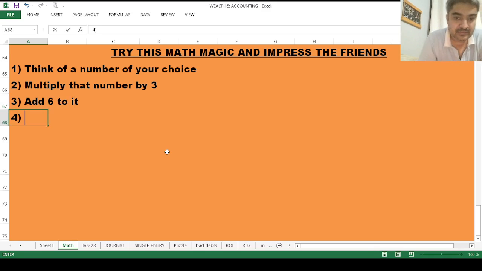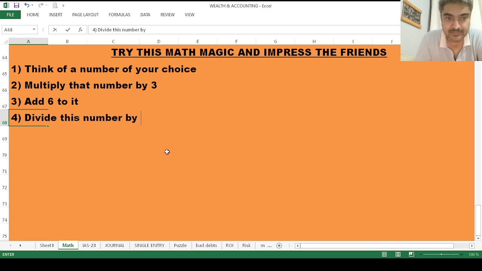Then in the fourth step you will ask him to divide this number by 3. The number which your friend will reach after adding 6, he will need to divide that number by 3 at the fourth step.